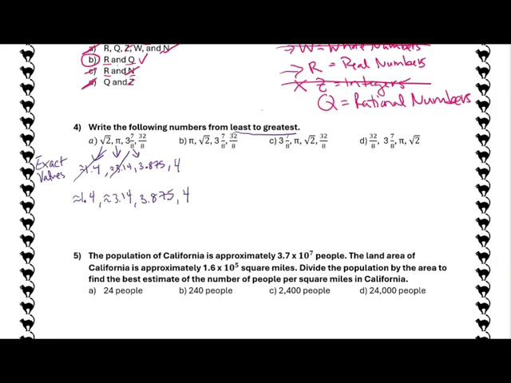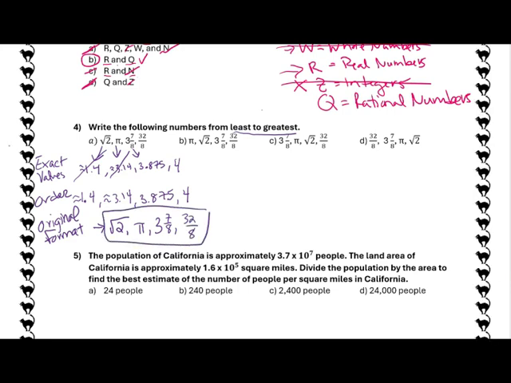So what we would do is put it in order and then put it back in the original value, the original format, is how we set it in class, actually. So then the final answer would be square root 2, pi, 3 and 7/8, 32/8, and there we go.